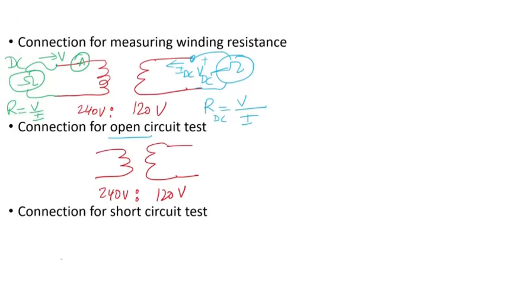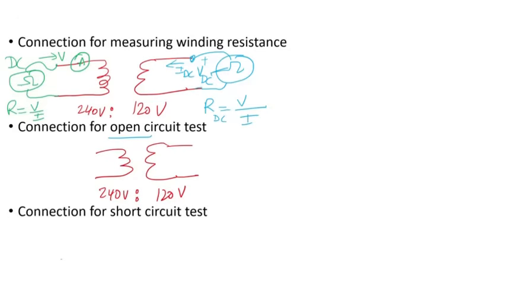For a small transformer, you can apply the test on either side. For large transformers, in the kV size, like 34 kV to 12 kV, or even transmission, like 345 kV to 138 kV, typically the open circuit test is applied on the low voltage side.